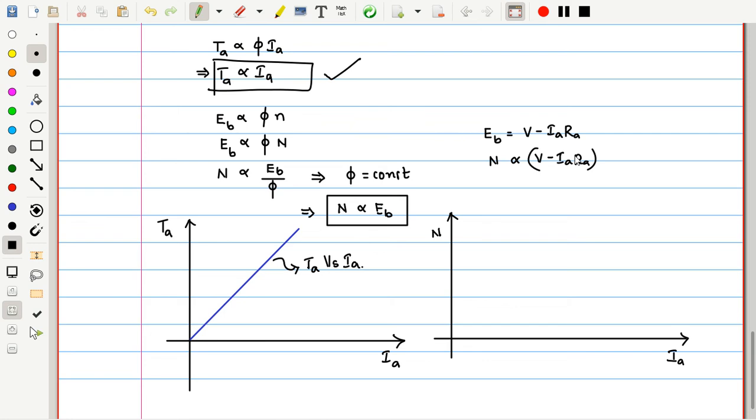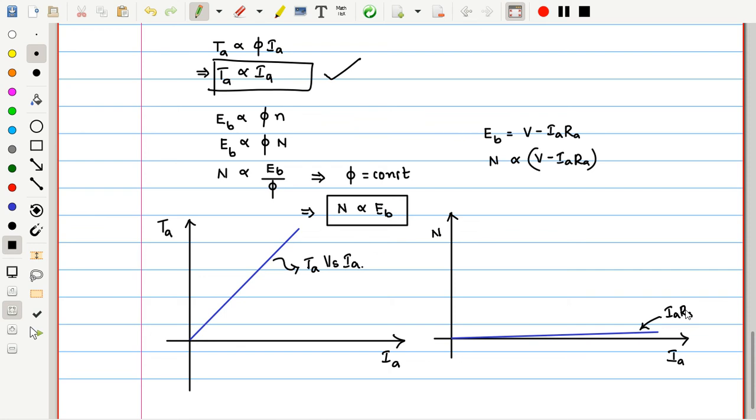Now try to observe first what the Ia Ra expression is practically. We have seen this previously. If Ia is small, the Ia Ra drop is also small. So this is what the Ia Ra characteristics are. As Ia increases, the voltage drop Ia into Ra also increases.